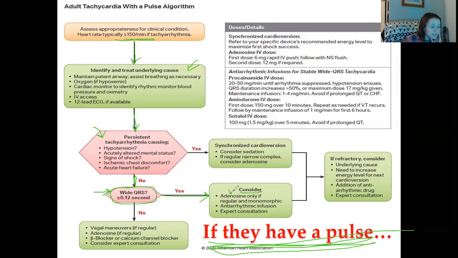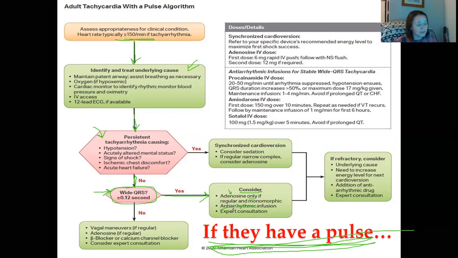Adenosine, remember, is the medication we need to educate on because it's going to make them feel like their heart just stopped, which it kind of did for just a second while it reboots. Only if it is regular and monomorphic. So adenosine only if it is that regular VTAC pattern where all the complexes look the same, not that torsades with the weird pattern. We may start an antiarrhythmic infusion.